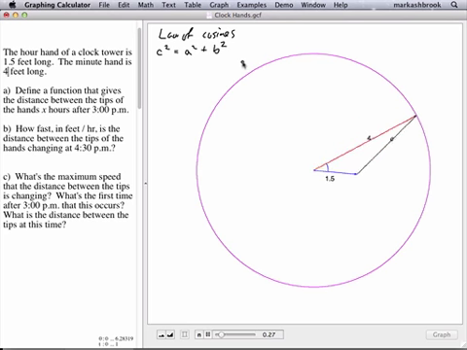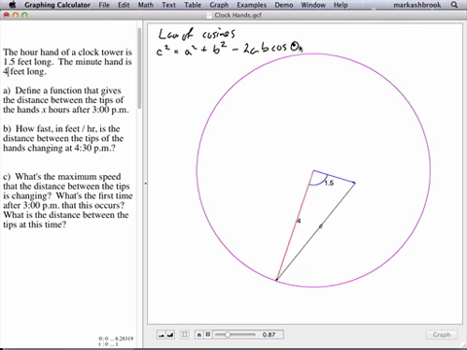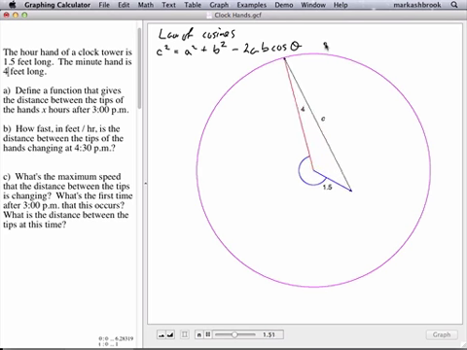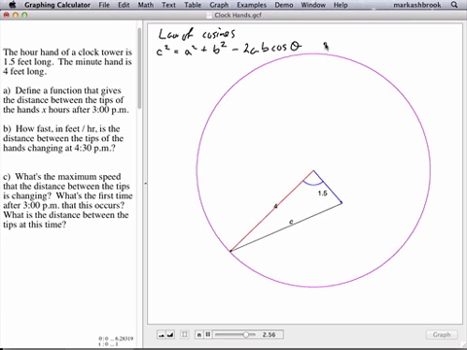And that added term is this, minus 2ab cosine theta. So whoever said cosine theta was on the right track. It definitely has to do with cosine theta. This is basically a version of the Pythagorean theorem that works for all triangles. And you have this adjusting term that adjusts for when the angle is not a right angle. And when the angle is a right angle, what is the cosine of theta?